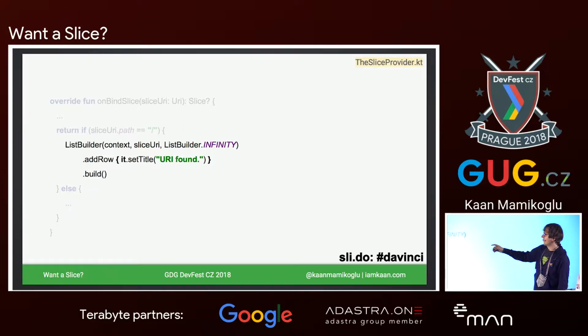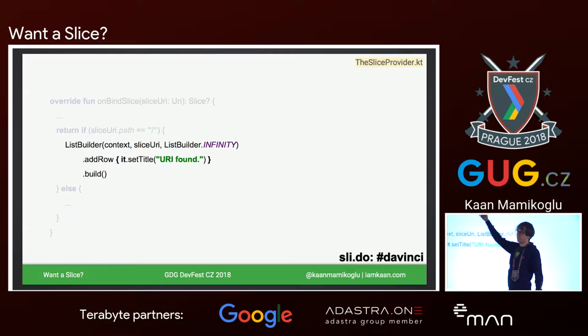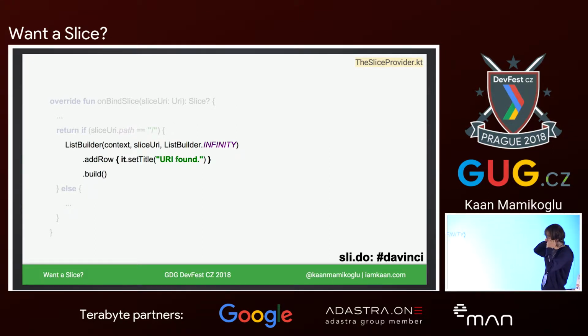And then slice URI is the URI that you just received from the method. So you don't need to do anything about that as well. And the only thing basically here that you need to decide on at this line is the last parameter, which is the duration that you want to display the slice for, kind of.